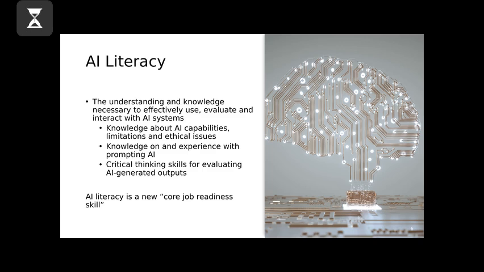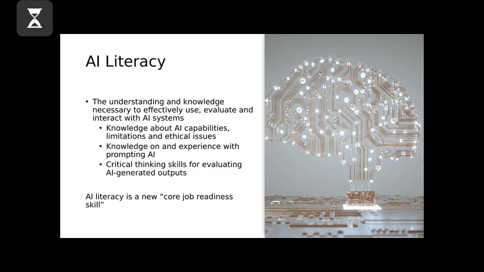So, the more you know about these, the more literate you will be about AI. Then there is knowledge of and experience with prompting AI. Throughout the semester, we're going to practice prompting skills too, right? To get AI to do what we want it to do. And finally, critical thinking skills for evaluating AI-generated outputs.